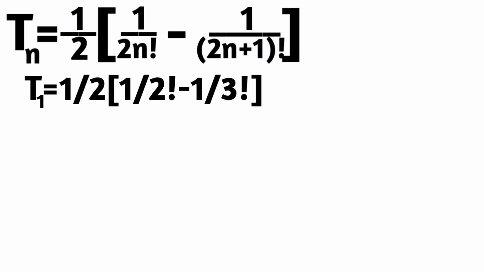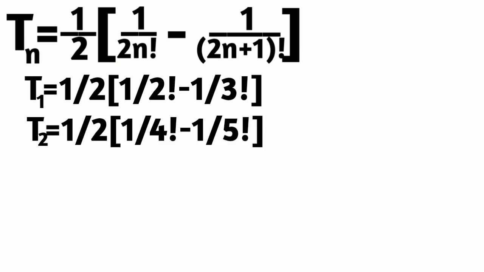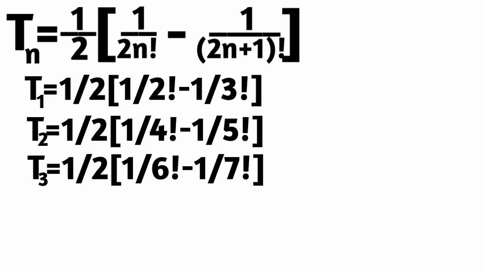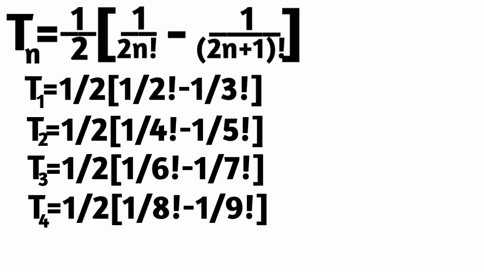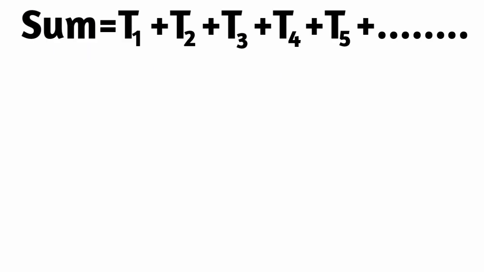And now by putting the value of n as 1, 2, 3 and 4, we can easily get the value of the first term, second term, third term, fourth term and so on up to the infinity term. Okay, and now it is time to add all these terms, that means t1, t2, t3, t4, t5 up to the infinity term.